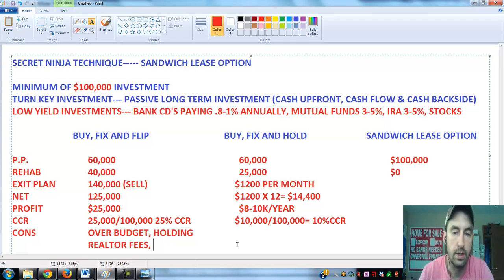Buy, fix, and hold. Well, if you buy, fix, and hold, you are either 100% vacant or 100% sold, okay? There's really no in between. If we take a peek over here, what are some cons with this? Well, buying, fixing, and holding a house, obviously, you are either going to be 100% occupied or 100% vacant.